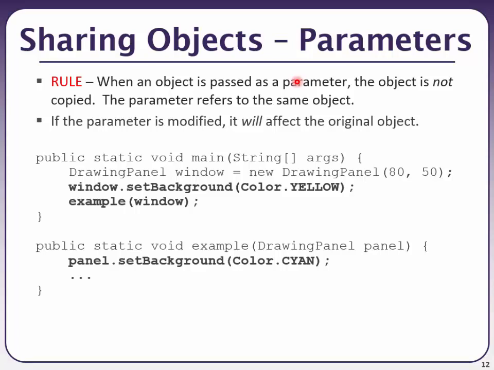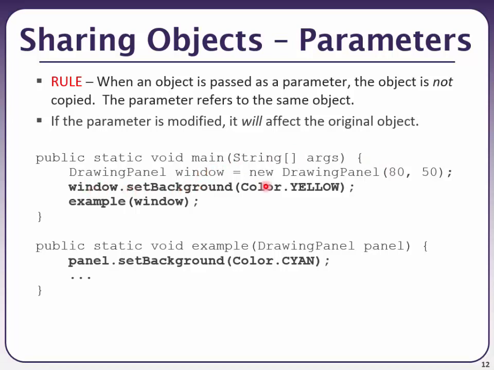This is common jargon. So let's take an example. Here's a public static void main method. We create another one of those DrawingPanel objects. We assign it to a variable window, which is meant to contain a reference to a DrawingPanel. So we have the new object somewhere in memory, and a reference to it is assigned to the variable window.